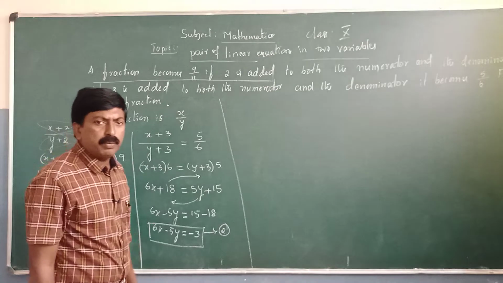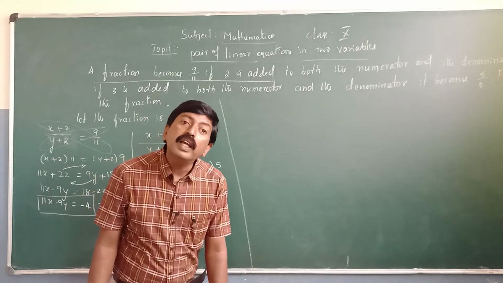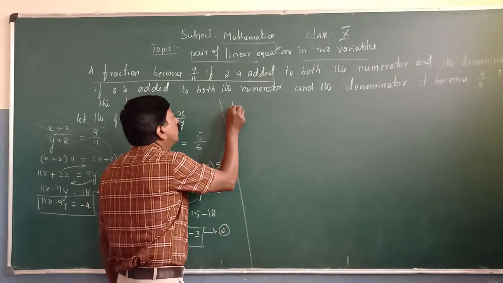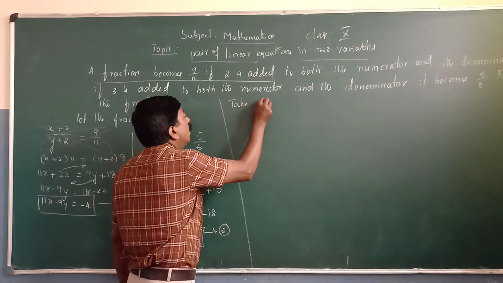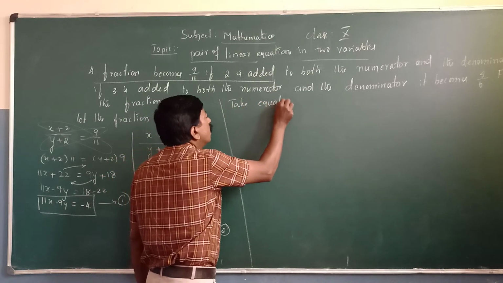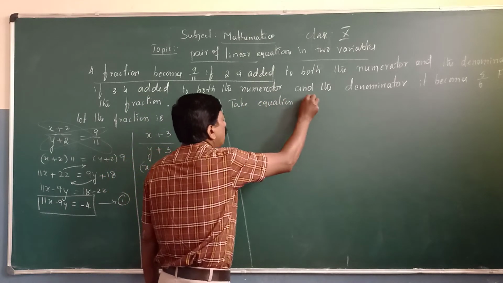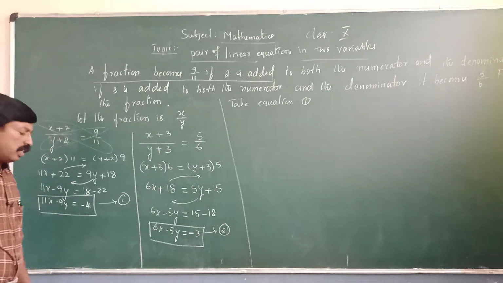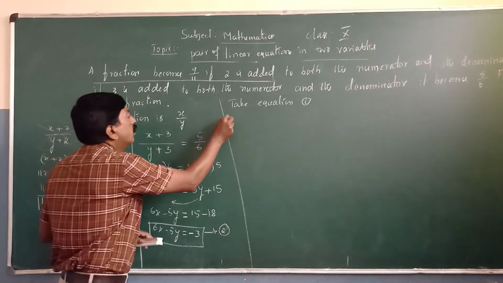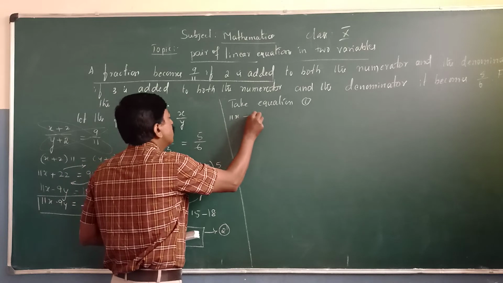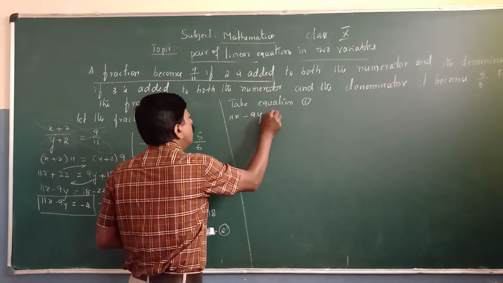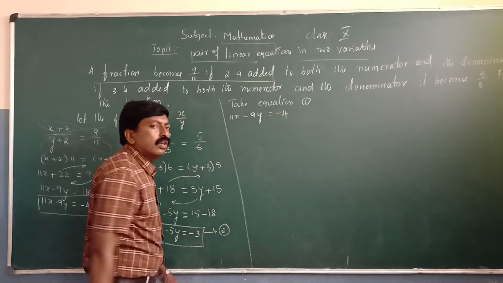We already know the procedure. Take equation 1: 11x minus 9y is equal to minus 4.